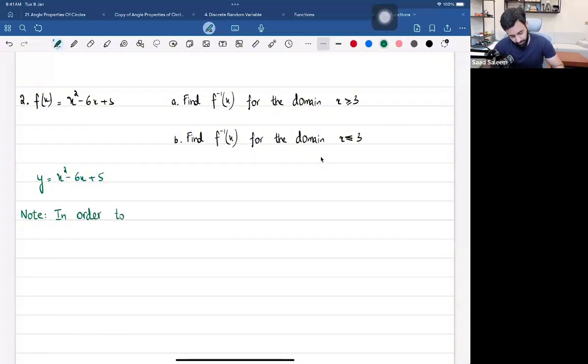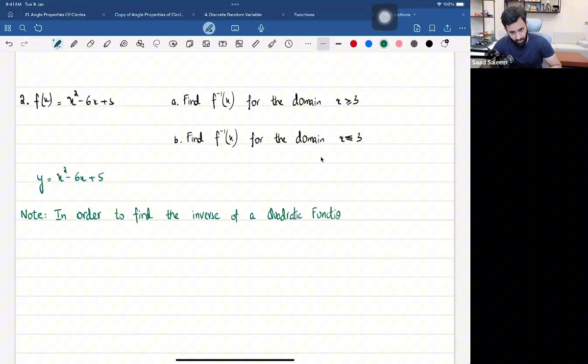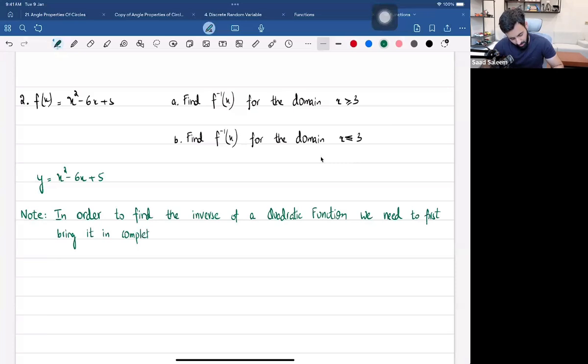So in order to find the inverse of a quadratic function, we need to first bring it in completed square form.